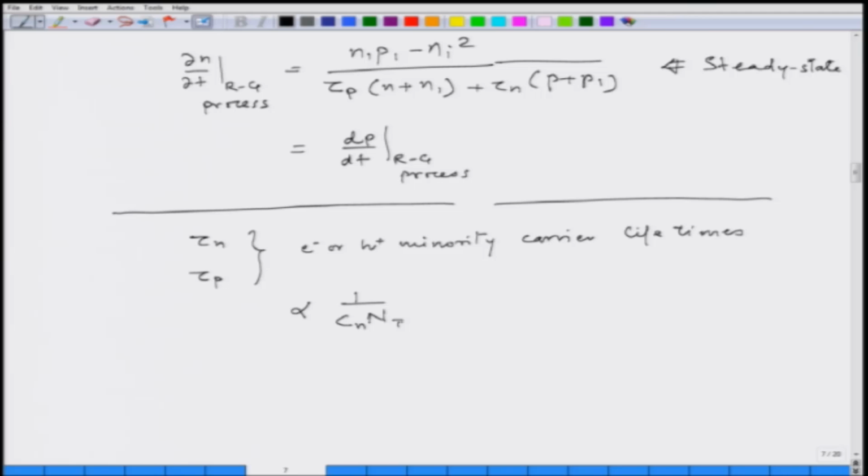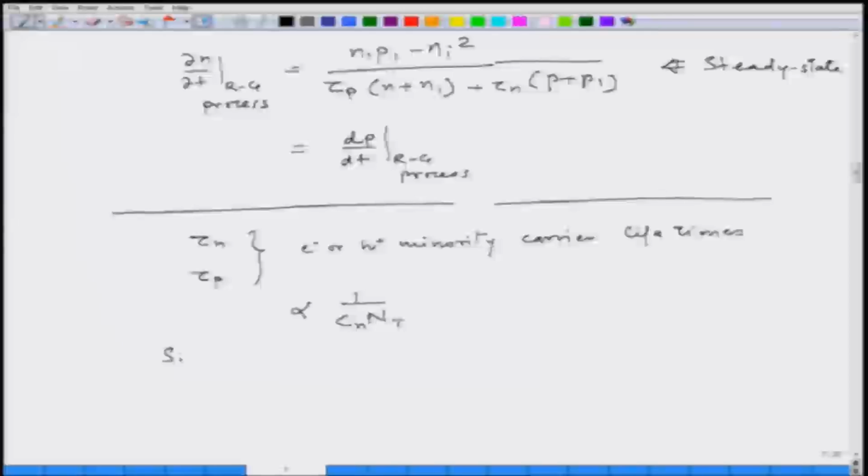So, it is very interesting, it does not depend on how many electrons or holes are there, it depends on how many trap states are there. So, the minority carrier lifetime does not depend on the carrier concentration, but on the trap concentration. And so, how many impurities or traps you have in a material will decide the minority carrier lifetime.